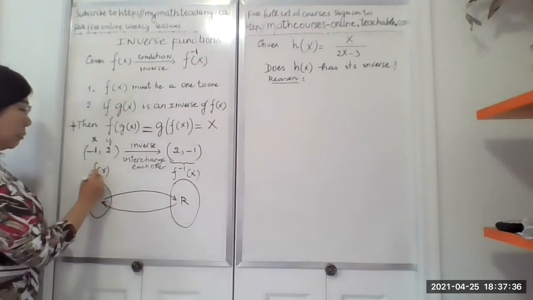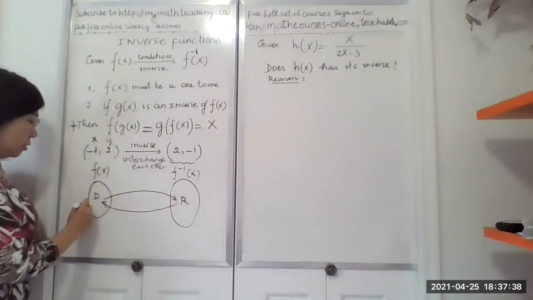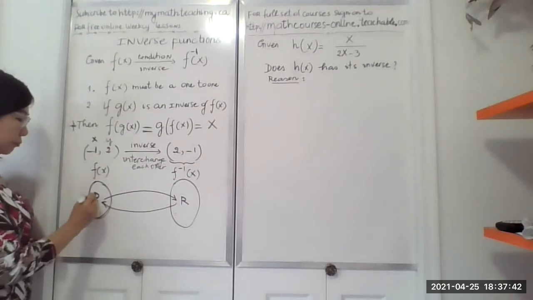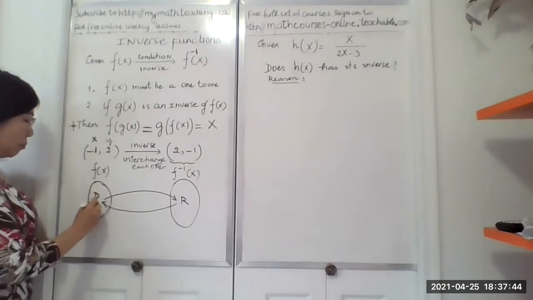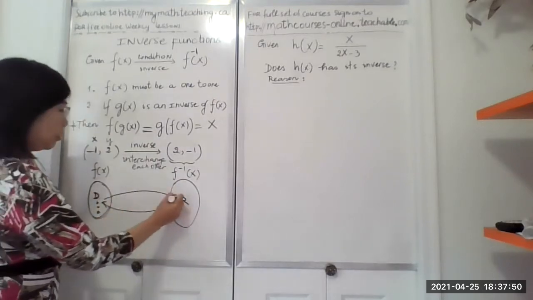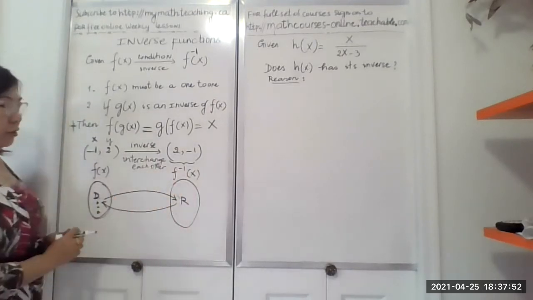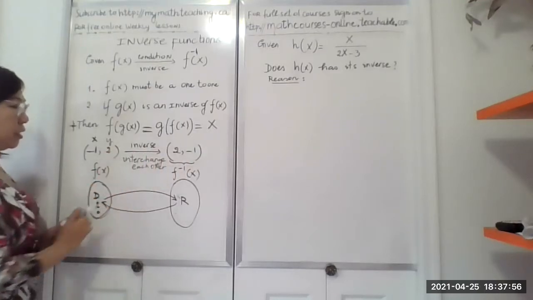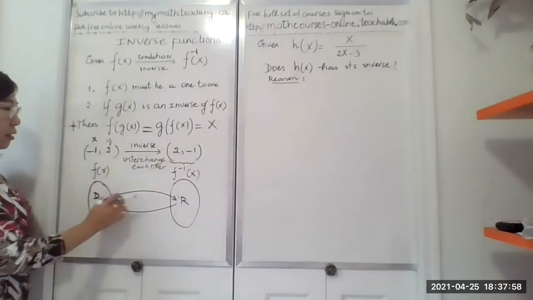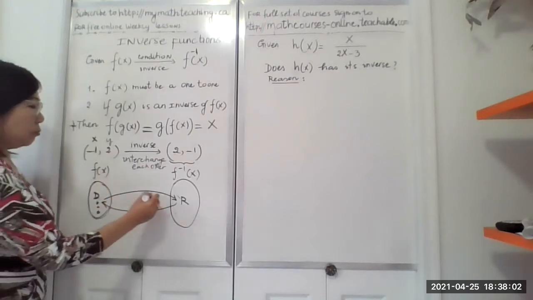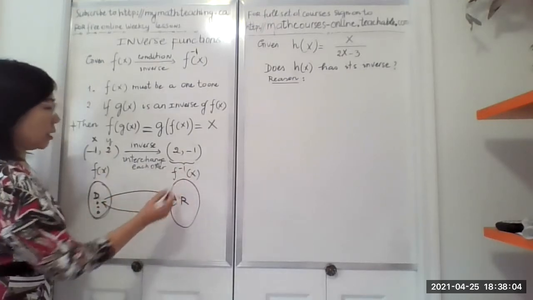Let's say you have an f(x) function and you have a domain here. Then each domain value will become a range of the inverse function. It's just like the coordinate example on top. So the domain of f(x) will become the range of the inverse of f(x).